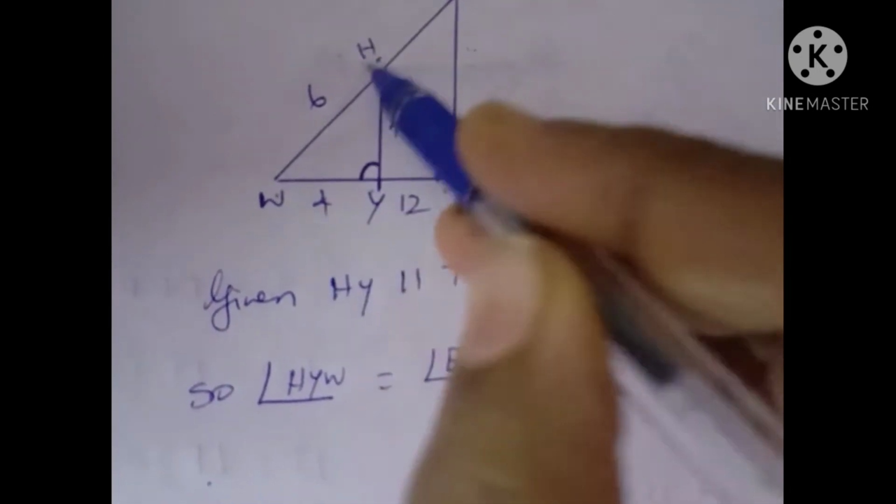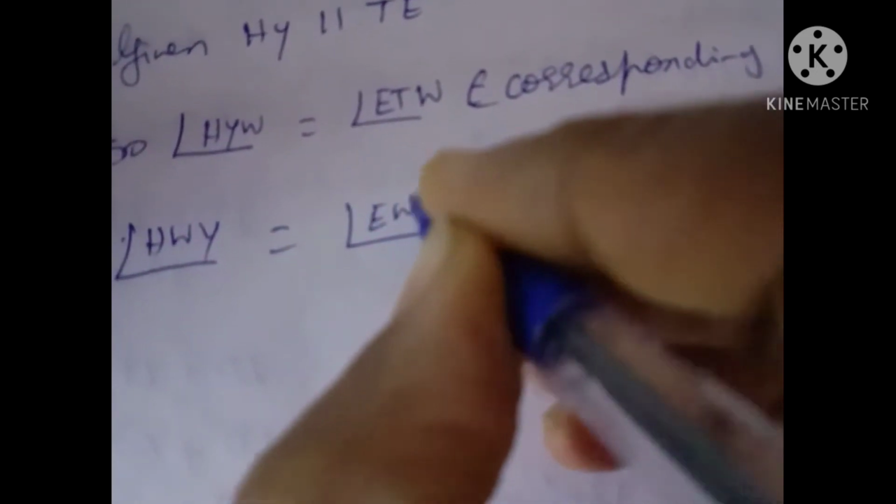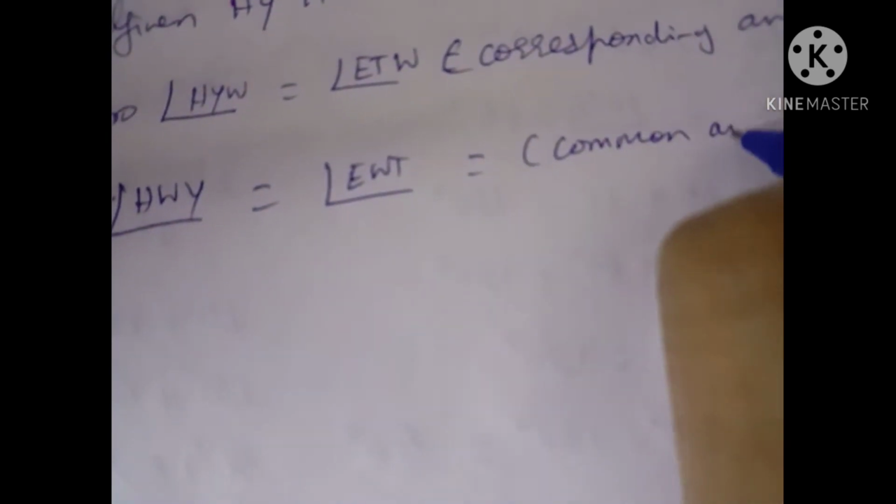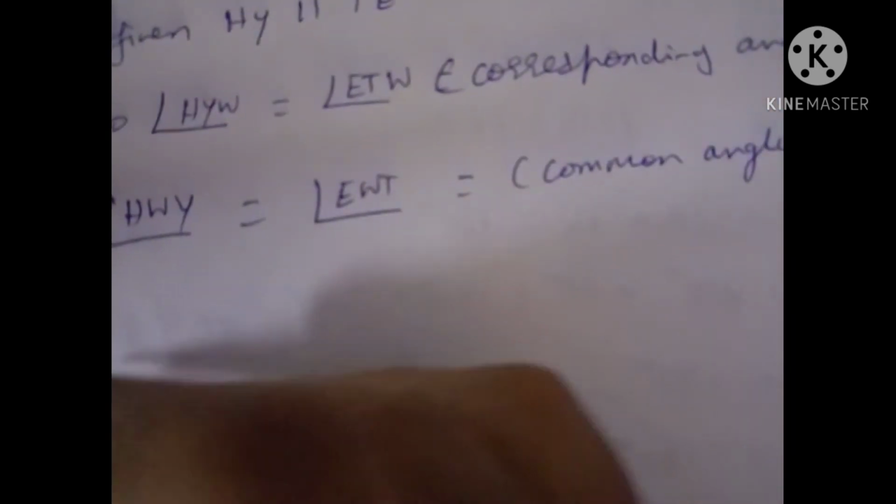Then if you take triangles WHY and WET, angle W is common to both triangles. Therefore, angle HWY is equal to angle EWT, common angles.